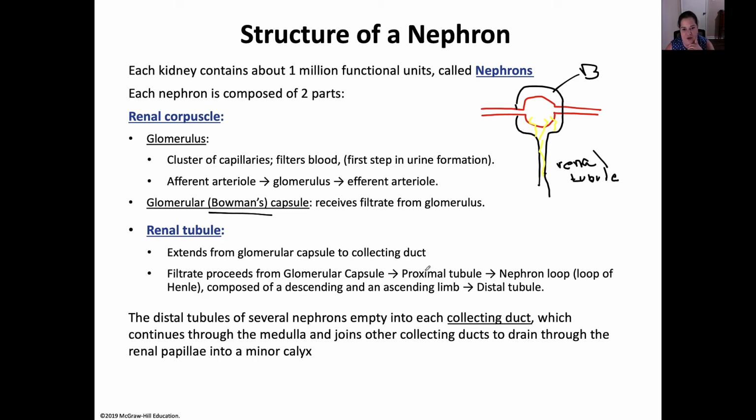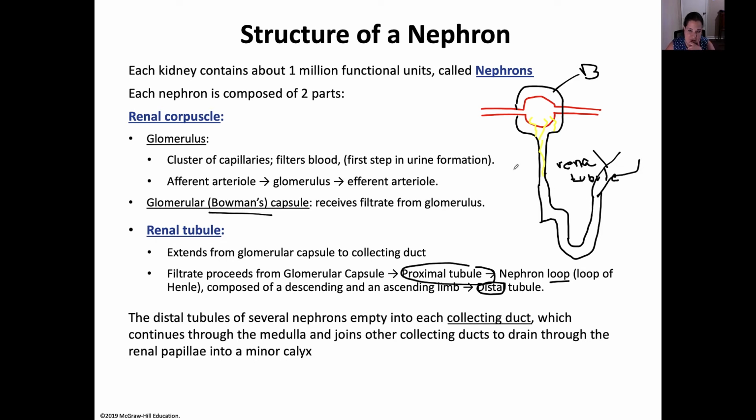We're going to have what is called the proximal tubule, then a loop, and then a distal tubule. So that tube at the beginning has a proximal tubule, then it has what's called a loop, and then there's a distal tubule.